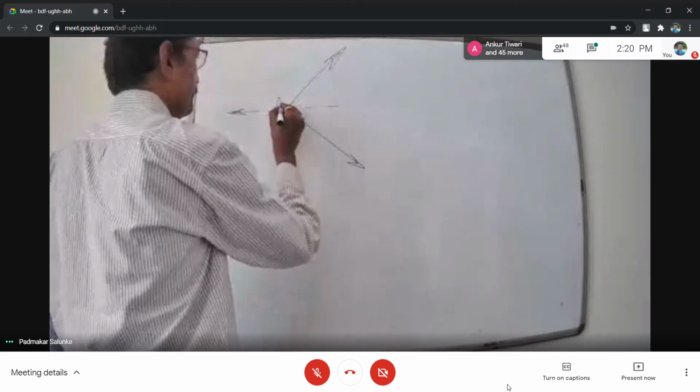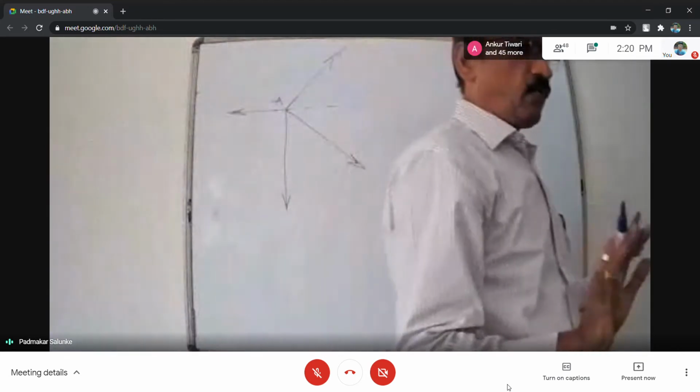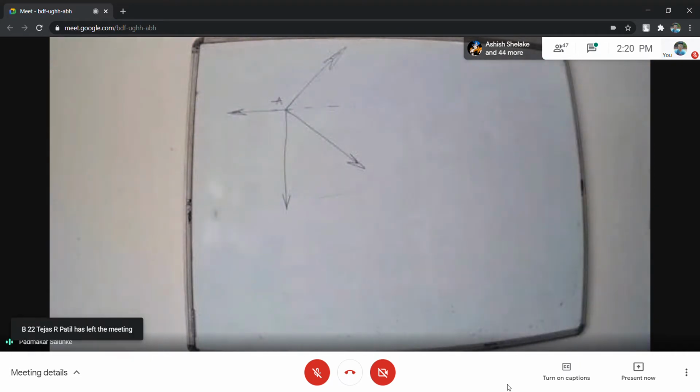These are a total of 4 forces acting at point A.